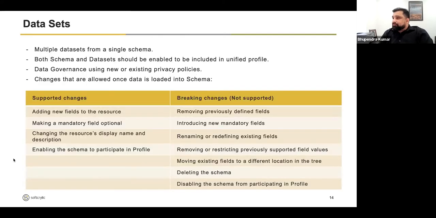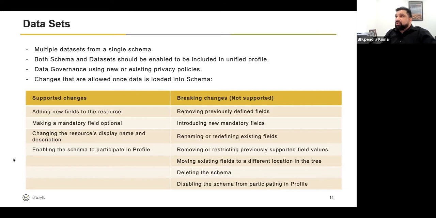Yeah, here. So when you define data sets, there are a few changes that Adobe allows and a few changes that Adobe doesn't allow. But for a single schema, you can have multiple data sets. If you want to enable any data set for profiling, you have to first enable your schema for profile, and then only you can enable your data set for profile.